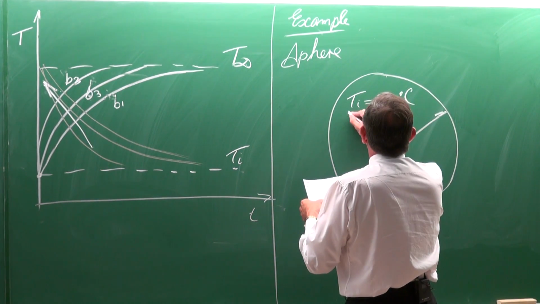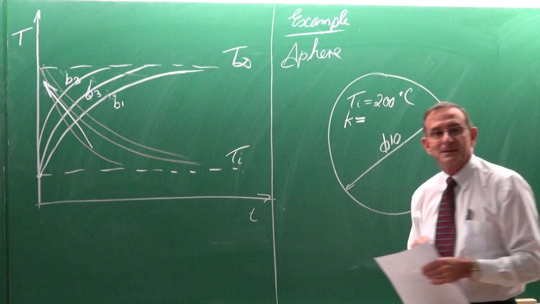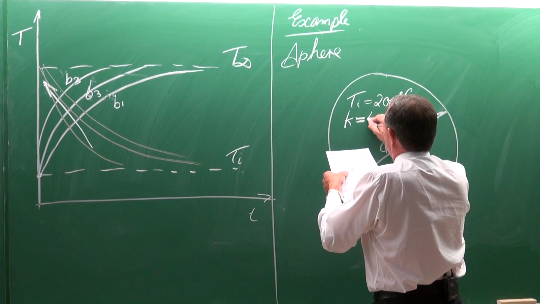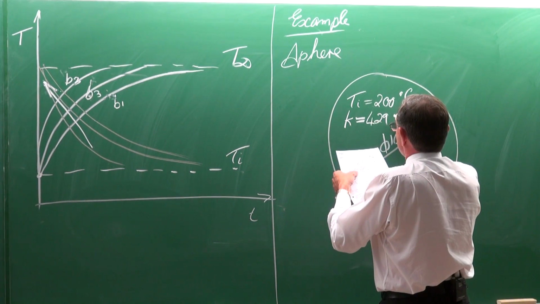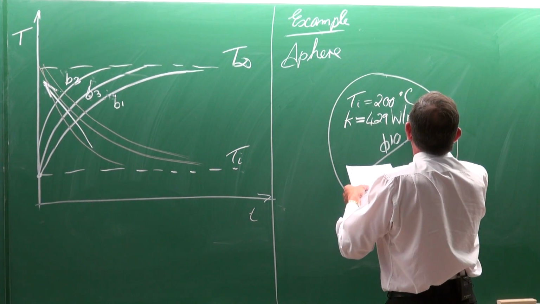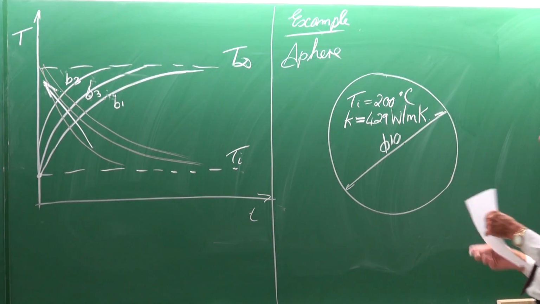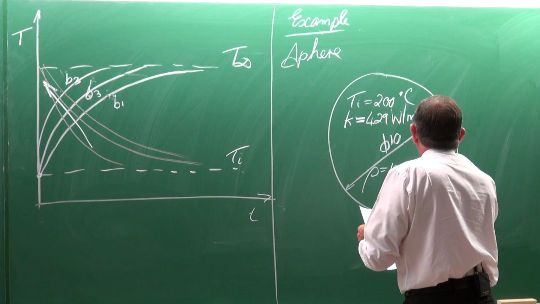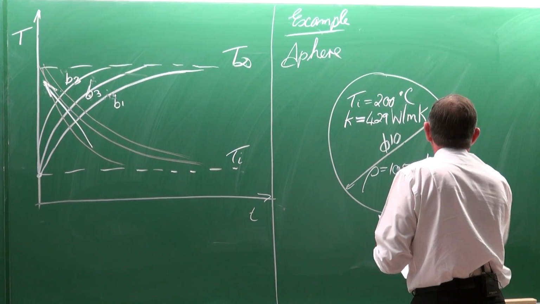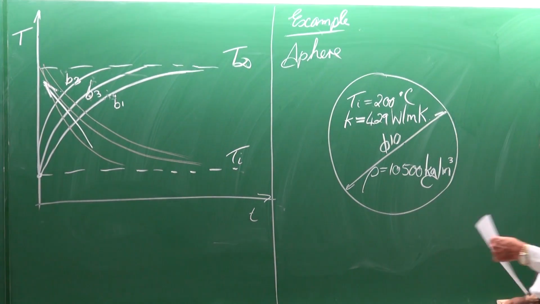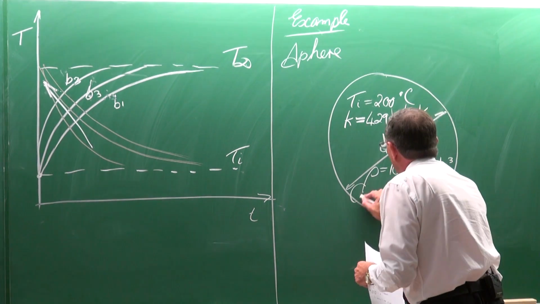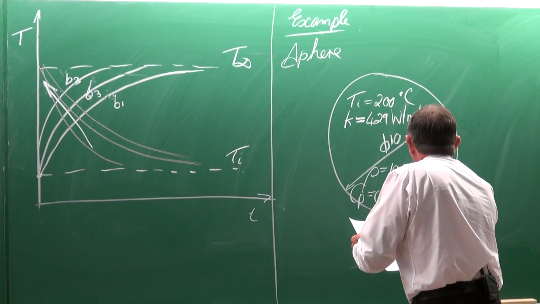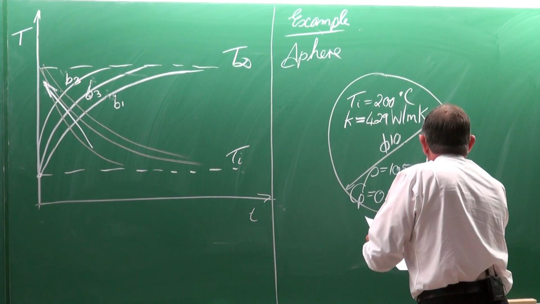It's made from silver, so you can go and look in the tables. The k value for it is equal to 429 watts per meter Kelvin. And the density is 10,500 kilograms per cubic meter. And the Cp value is equal to 0.235 kilojoules per kilogram Kelvin.